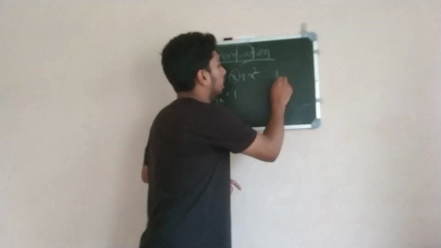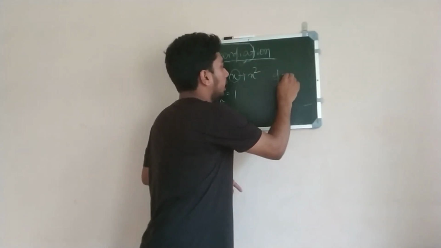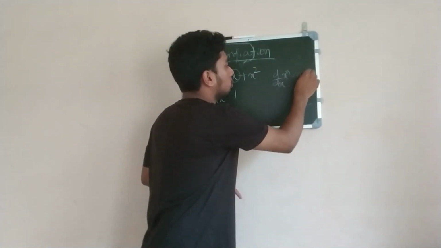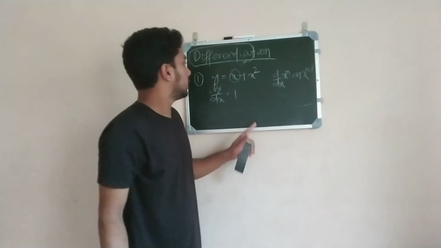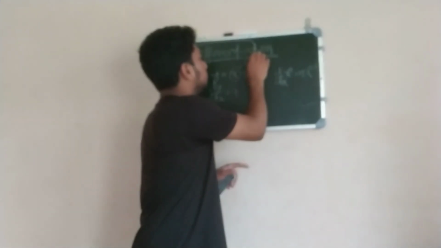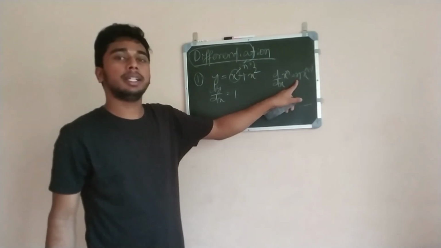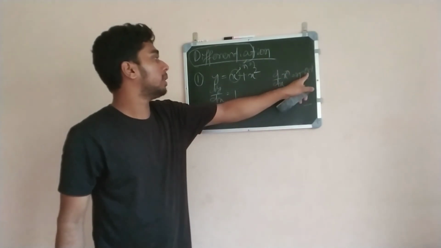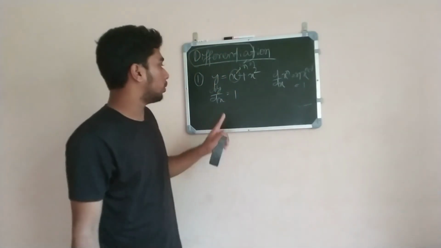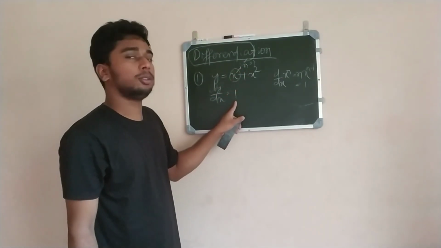Just remember, I wrote that the derivative of x to the power n is n x to the power n minus 1. And what is n here? n is 1. So if I put 1 here, x to the power 1 minus 1 will be x to the power 0, which gives 1. So I simply write this is 1.